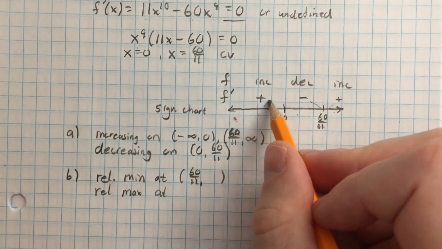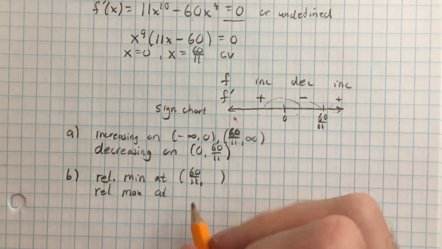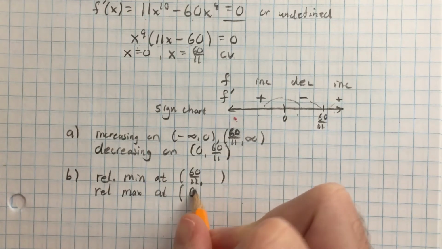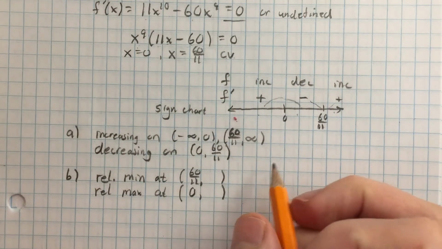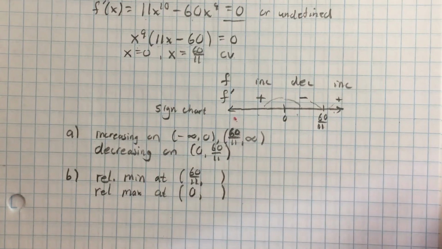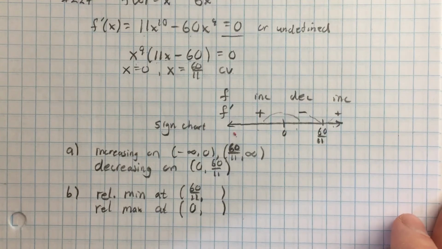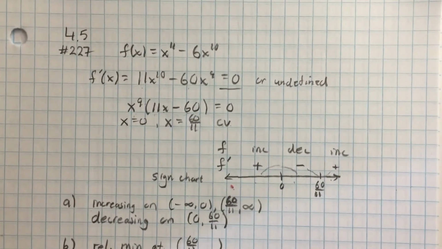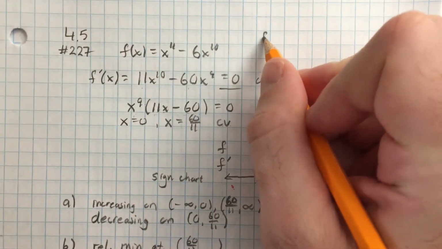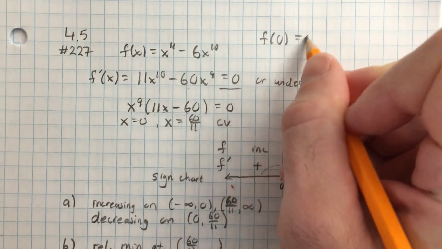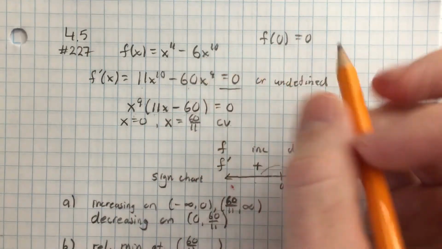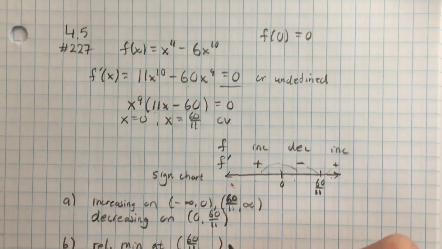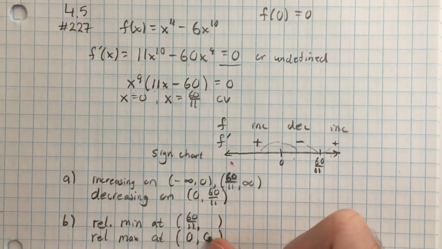We know it was going up here and then going down, so we see this relative max at 0, comma, something. The 0 value is easy to figure out. Plugging 0 back into the original function, certainly f of 0 is 0 because it's just powers of x here. So we get 0 for the corresponding y value for the maximum.